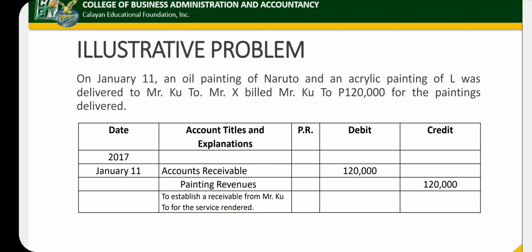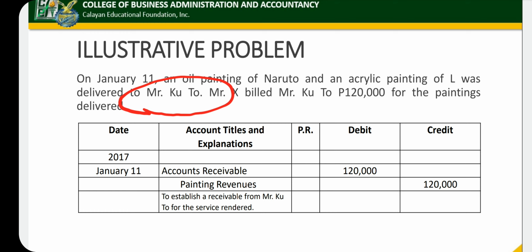So, class, even if the client has not made any payment yet, but the fact that Mr. X already rendered his service to Naruto and L, diba? And they have already delivered it to Mr.